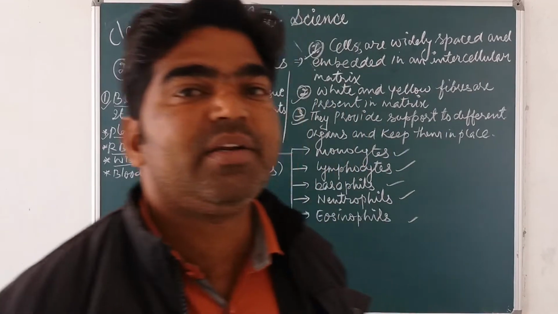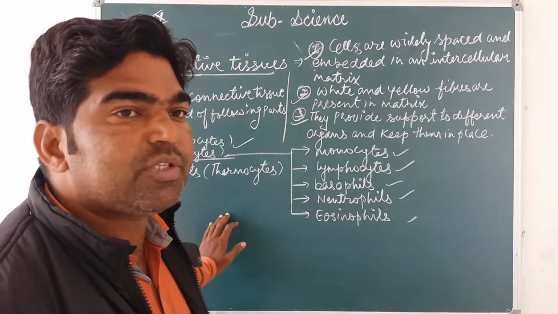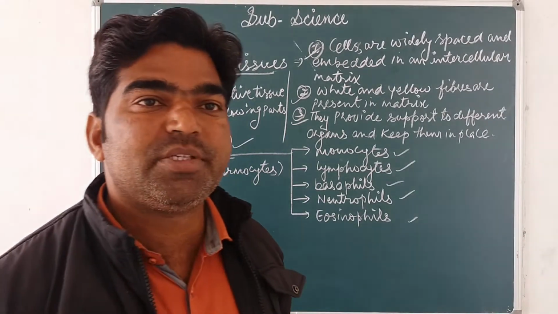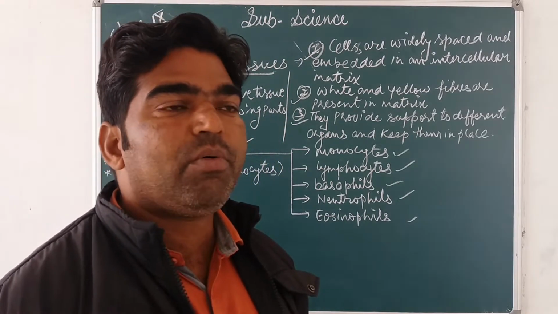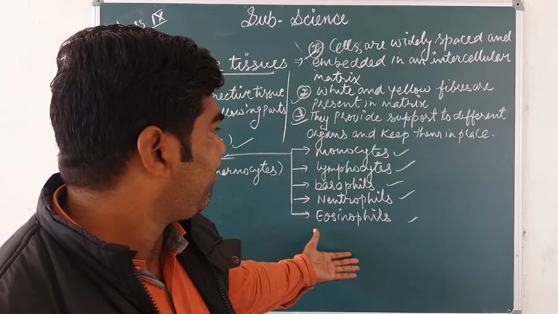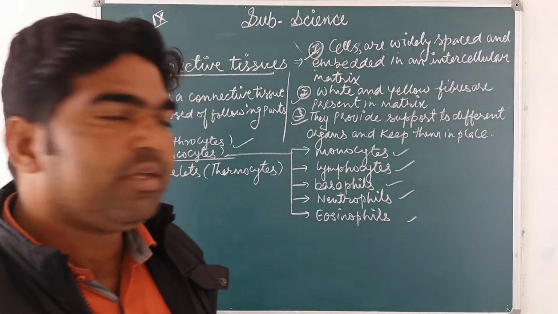These are the 5 different forms or types of WBC, or leukocytes.